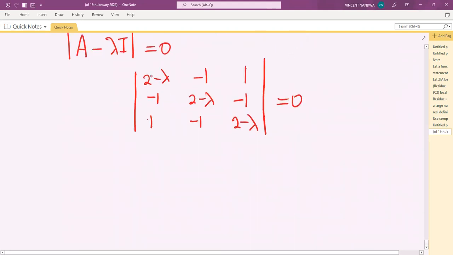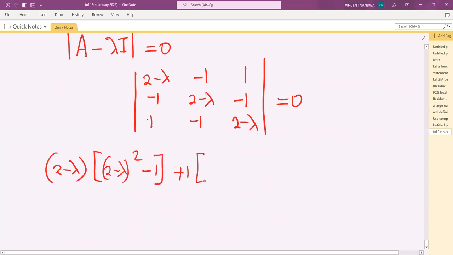So when you work out this determinant along the first row, we'll get 2 minus lambda times (2 minus lambda) squared minus 1, plus 1 into minus 2 plus lambda plus 1, plus 1 into 1 minus 2 plus lambda, equals 0.